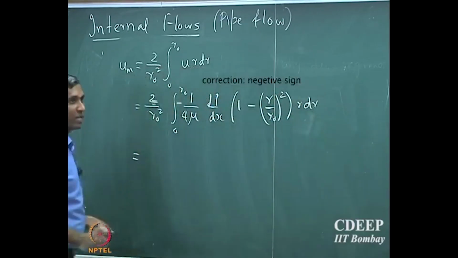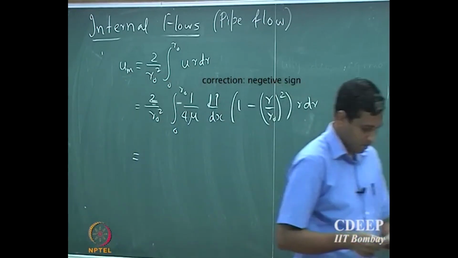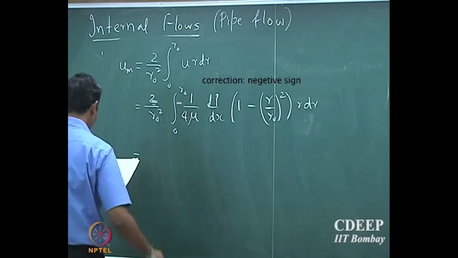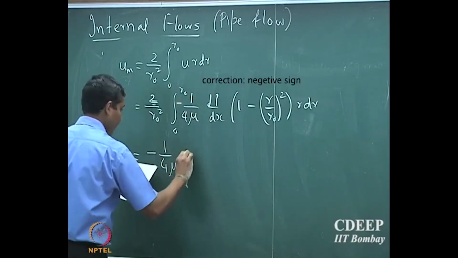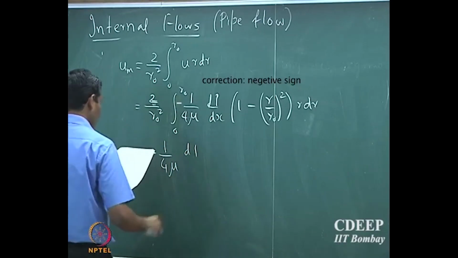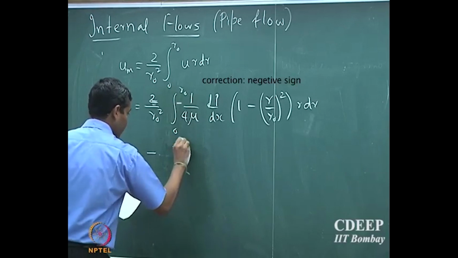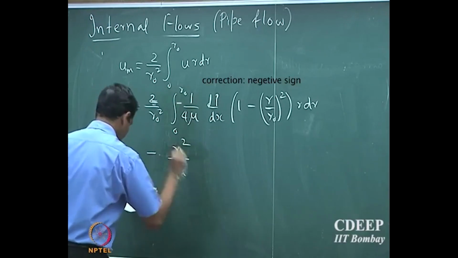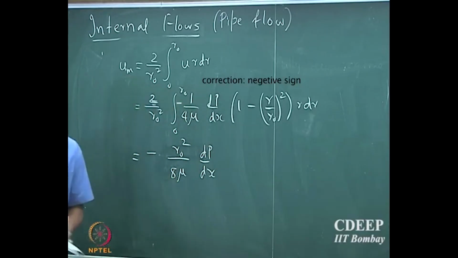Okay, I am not going to do the integration here. I'll just give you the final expression. So the integral will be minus 1 by 4 mu dp by dx, so that will be r naught square by 8 mu into dp by dx. Okay, so that will be the average velocity.